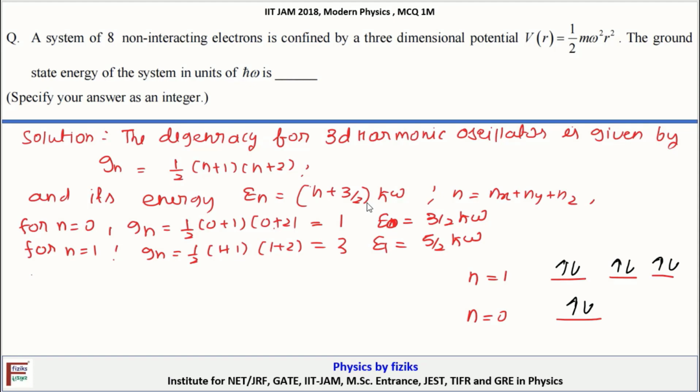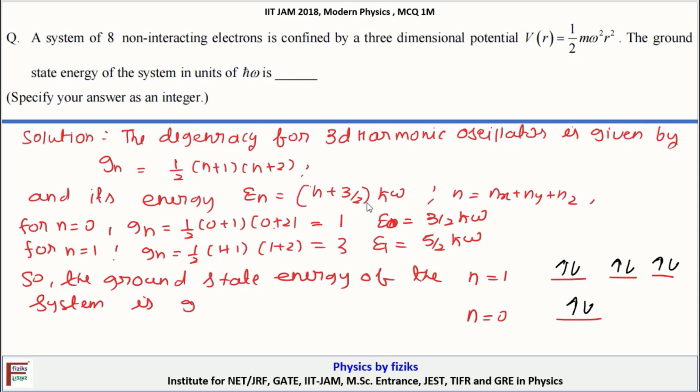So the ground state energy of the system is given by E0 would be 2 times 3/2 ħω plus 6 into 5/2 ħω, that is 18 ħω.